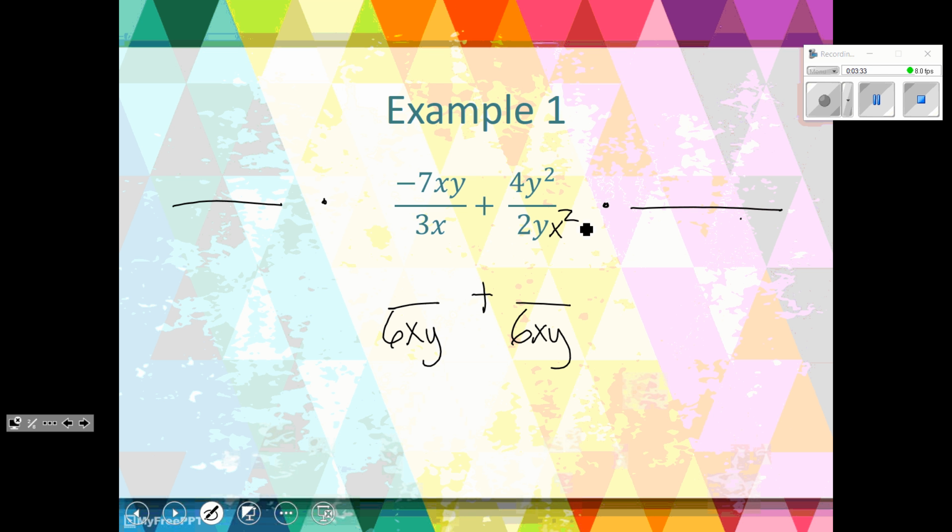You need the most amount you can get from each individual thing. So if he has one set of x's and this guy has an x squared, then you would actually need x squared in your common denominator. My mama always told me to pick the biggest one. You pick the bigger of the two. You would actually need an x squared.